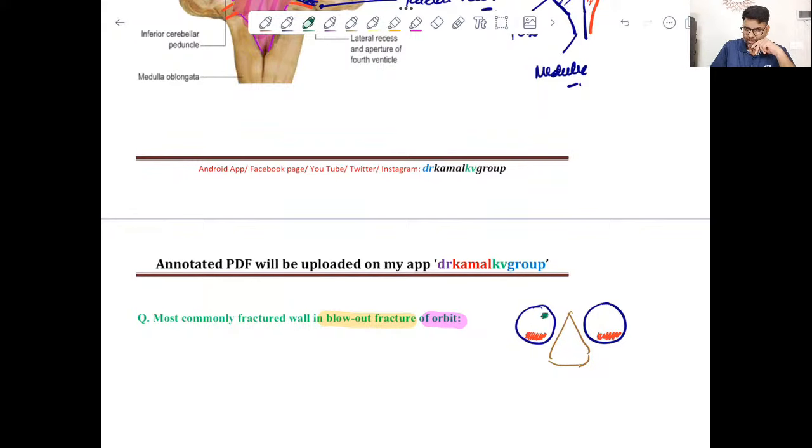So this is the medial wall of the orbit and this is the floor of the orbit. Usually it is the floor of the orbit which just breaks out whenever there is a blowout fracture of orbit. You must have heard of those blunt injuries, maybe by a fist or some ball, which might lead to these blowout fractures.